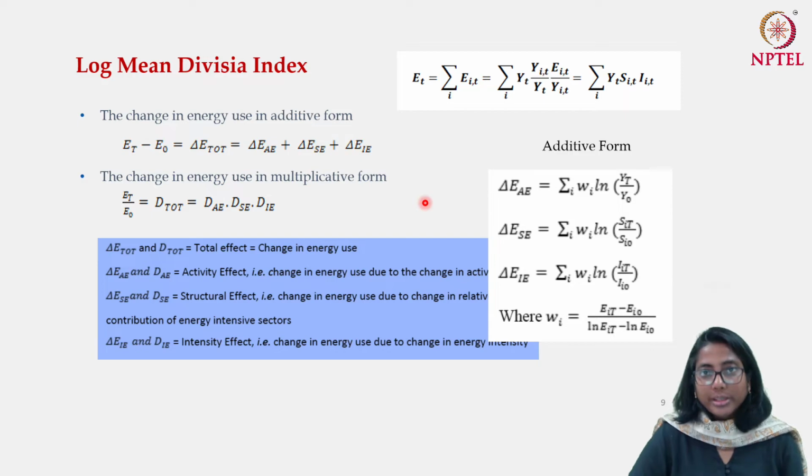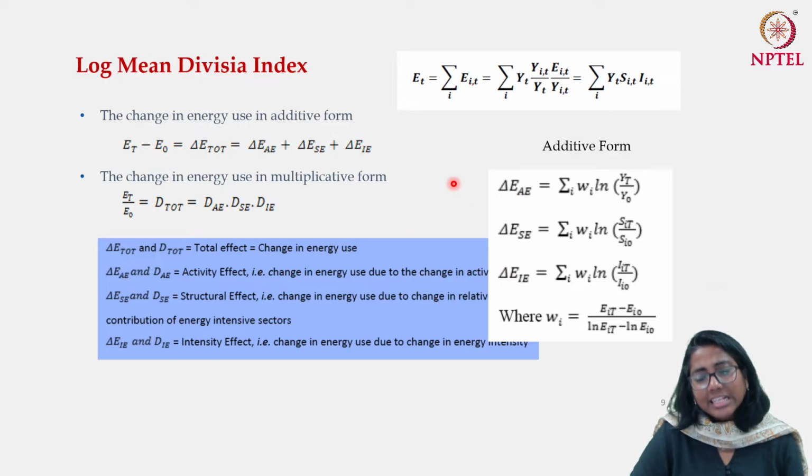Now, what is the good thing about this kind of log mean Divisia index is that if you add these three terms, you will get Et minus E naught. There is no remainder which is staying with us. This kind of additive form leaves nothing which is not interpreted.